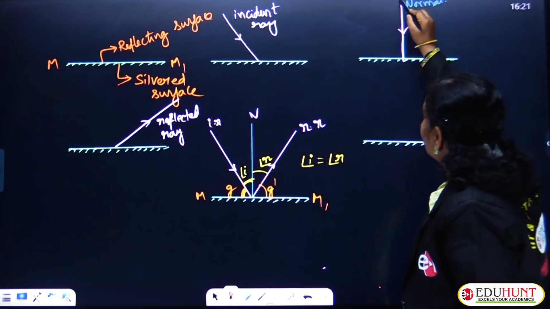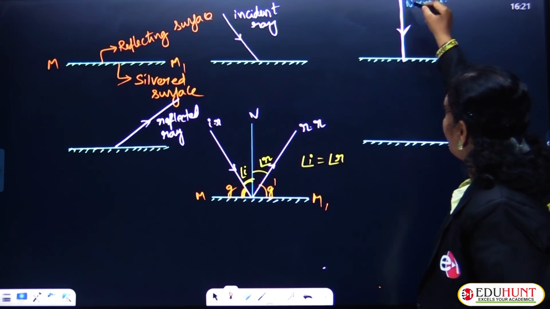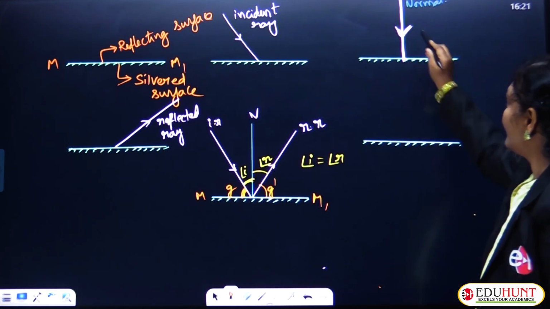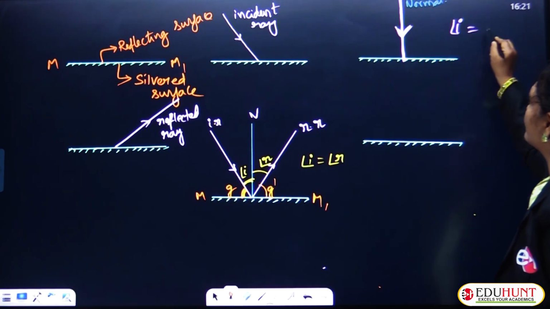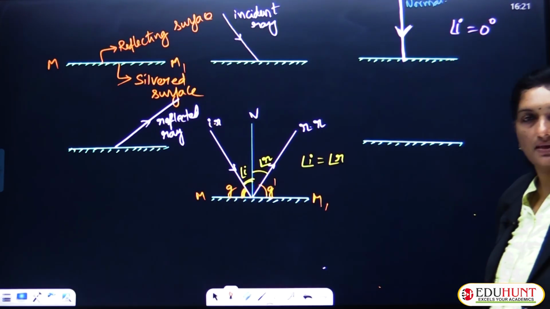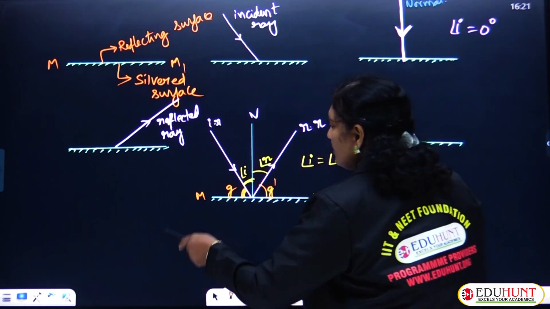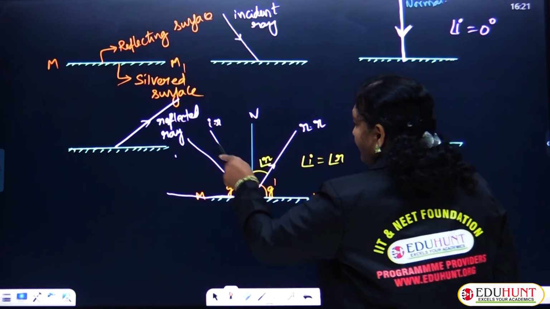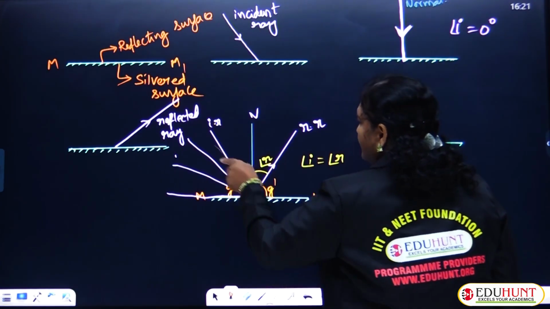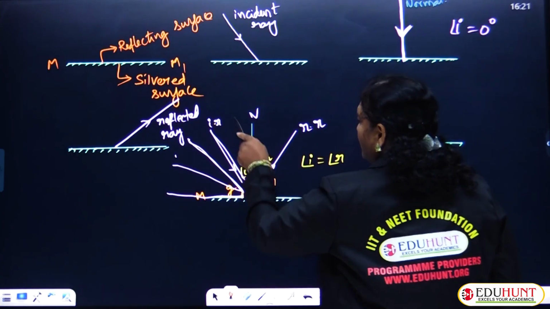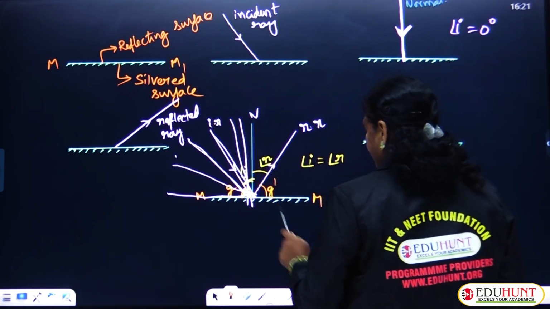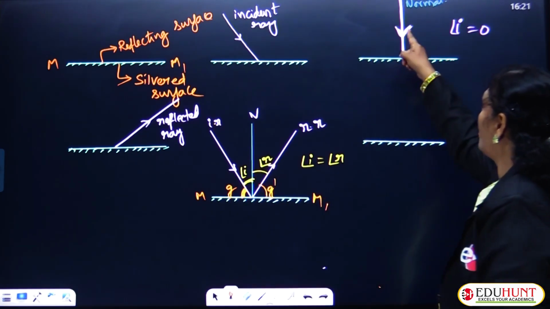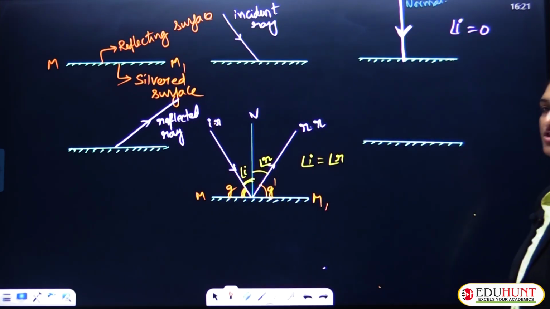If a light ray is incident on the surface of the mirror straight along the normal, in that case the angle of incidence will be 0 degrees. Yes or no? If it is falling like this, it is 90 degrees. Like this it is 45. Here it is 60, 45, 30, 10, 5, and so on. So if the light ray is sent directly along the normal, the angle of incidence is 0.